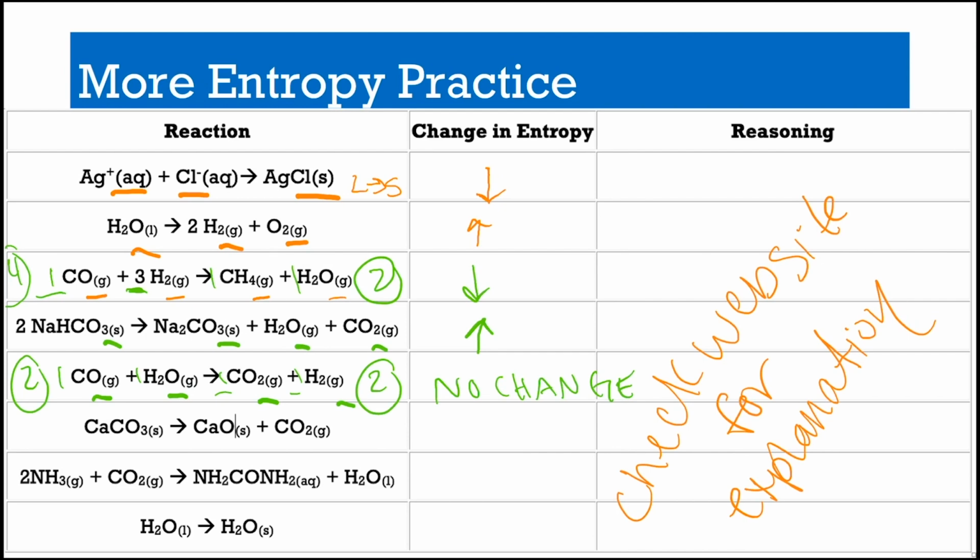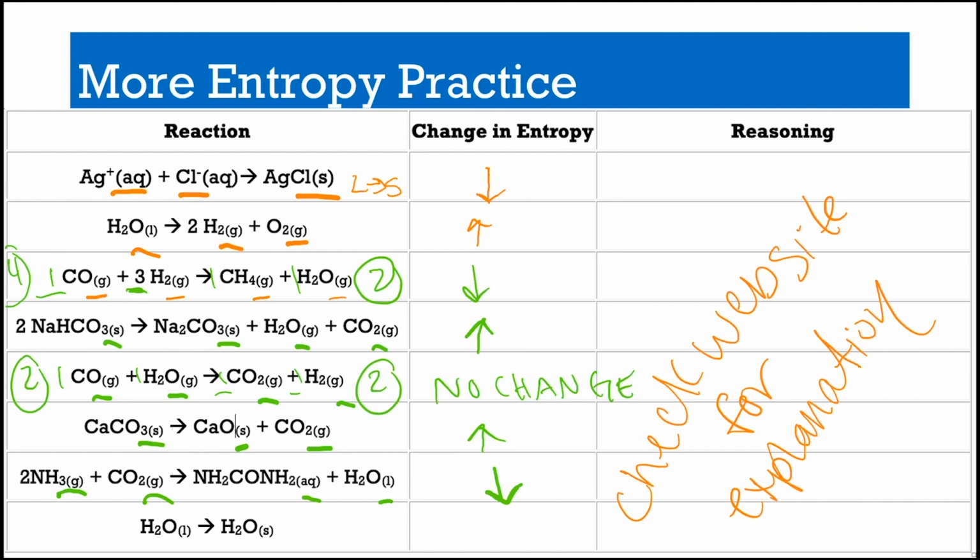Next, we have a solid, and we're ending with a solid and a gas. At this point, this should be kind of second nature. As we're becoming a gas, you're more unorganized, so entropy increases. The second to last one, you have gases and gases, and then you're ending with aqueous and liquids. So you're getting more organized, so entropy decreases.